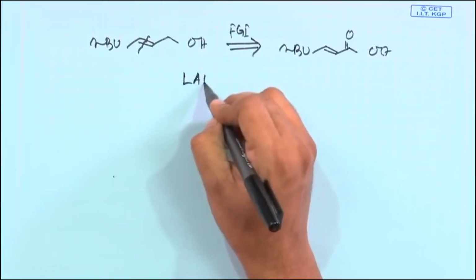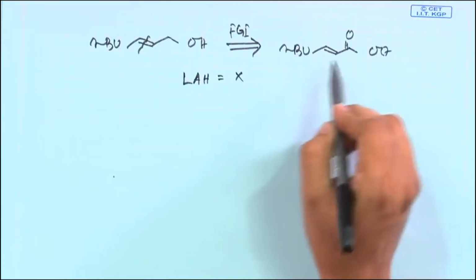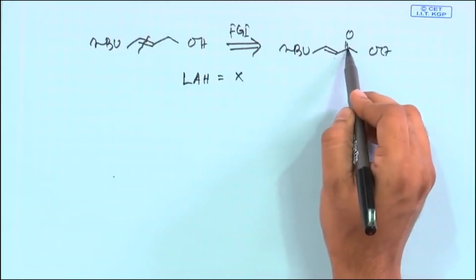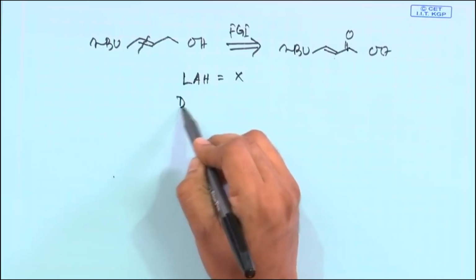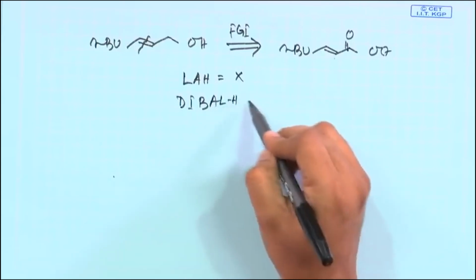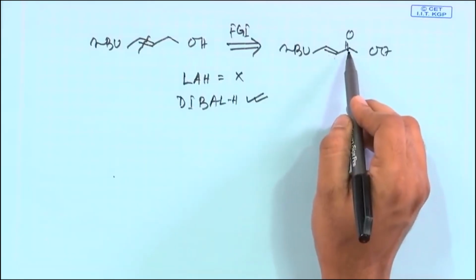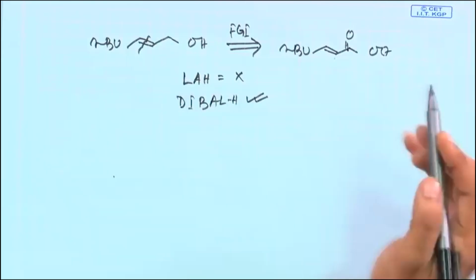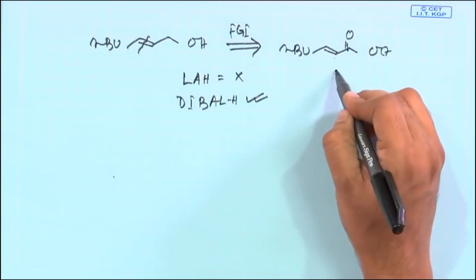LAH may not be the choice of reagent; LAH is bad because it can reduce 1,2 as well as 1,4. The best choice of reagent in this case is DIBAL. What I said just now, it is pretty mild and will not touch the double bond; it will reduce only the ester to give you the alcohol. So, fine, you can think about this.